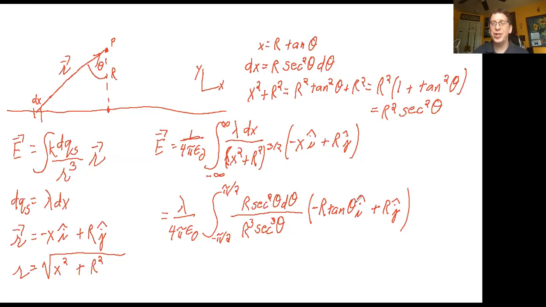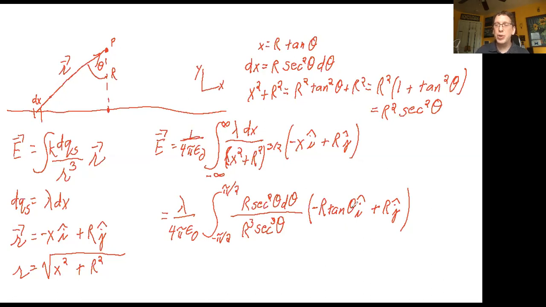We look at the i direction. And you see here that when you're to the left of the origin, the electric field vector points to the right. And when you're to the right of the origin, the electric field vector points to the left. Those are going to cancel each other out.